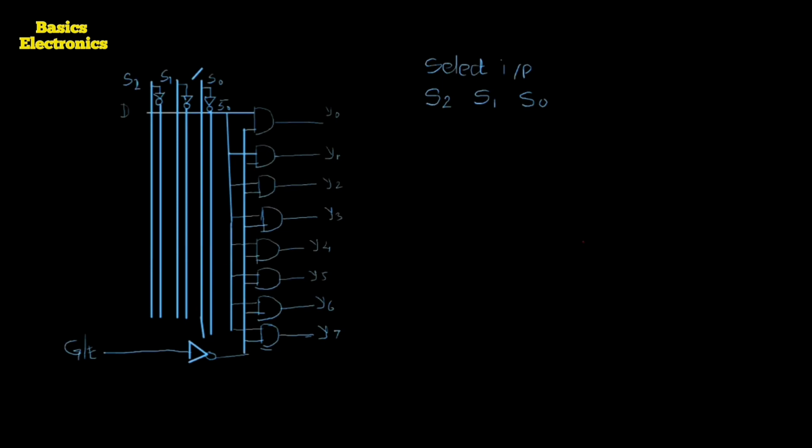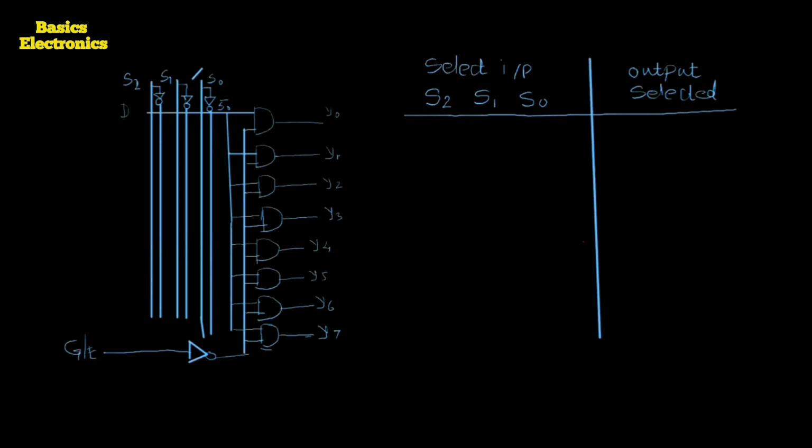Then at this side, we require the output. Actually, it is the output selected. Here is the output selected. Now here the entries are there. The entries are S0, S1 and S2. Here it is S2 equals 0, S1 equals 0 and S0 equals 0. The first select code we apply is 0, 0, 0.